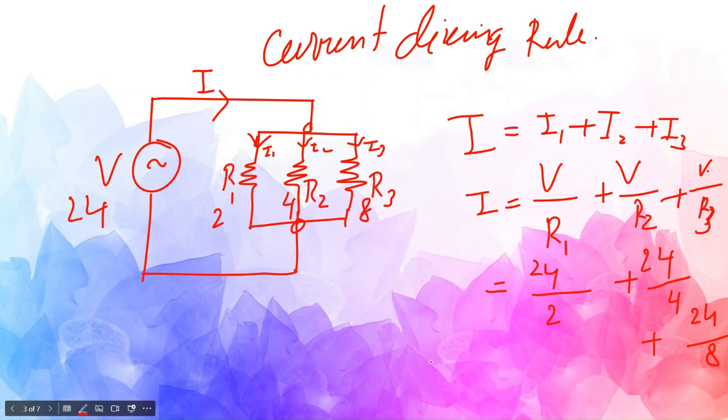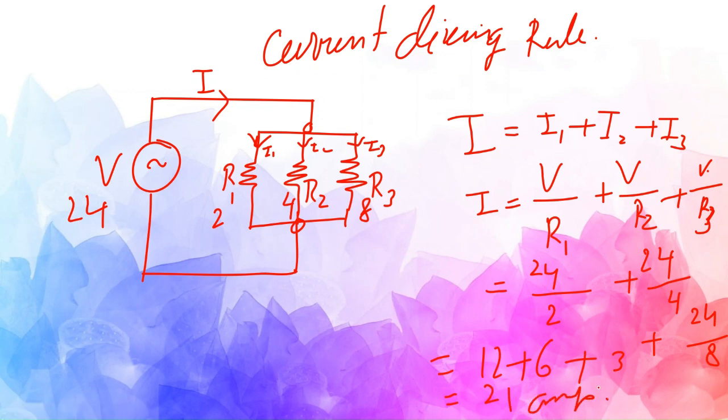How much is that? That becomes 12 plus 6 plus 3. So 15 plus 6, that is equal to 21 ampere current flowing through this.